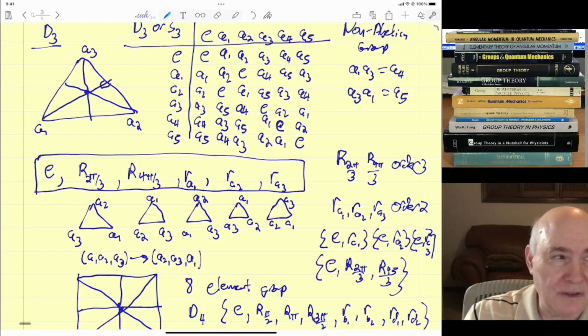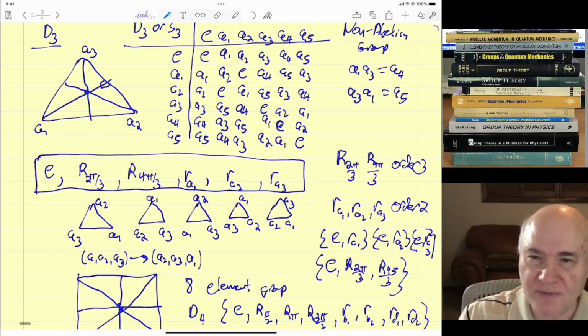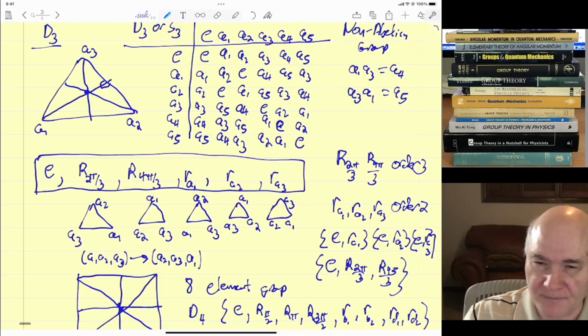And for those who know something about permutation groups, for 3 elements, there's 2 cycle transformations corresponding to the rotations. I'll talk about that in the next lesson. And 3 transpositions corresponding to the reflections.